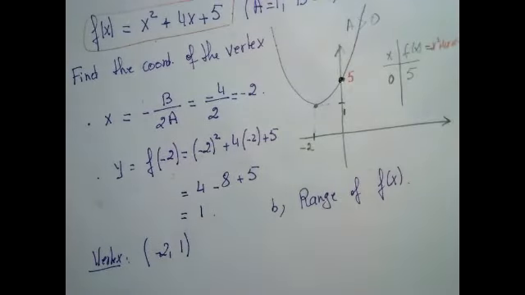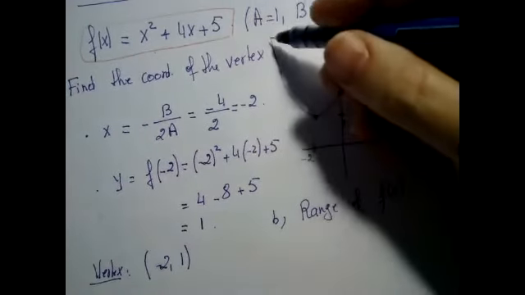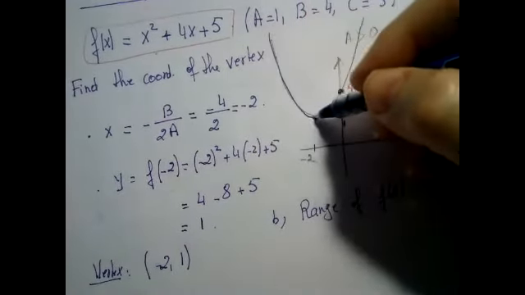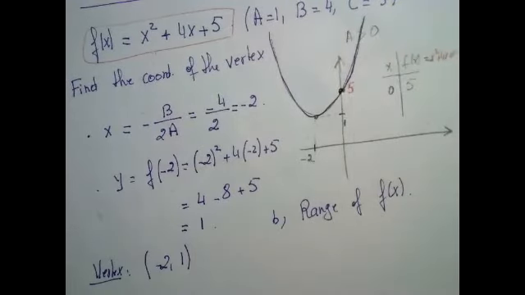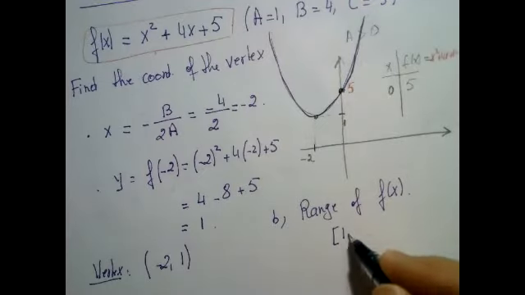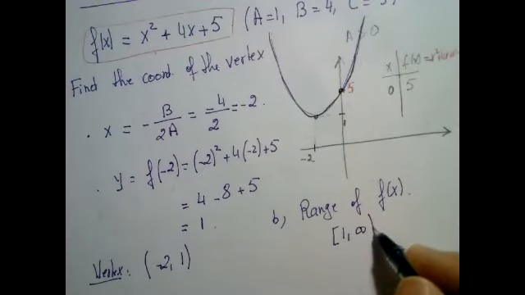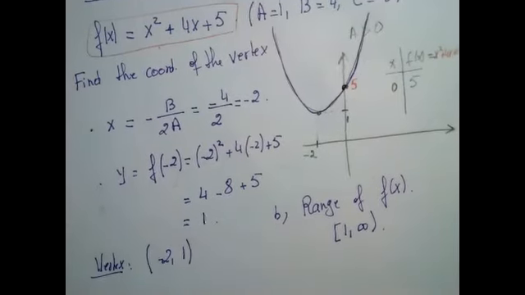Means what are all the output values? So that's the graph of this function. What's the range now? Would the range be from 1 to infinity? Exactly. The range will be from 1 to infinity. This will be the range of the function.